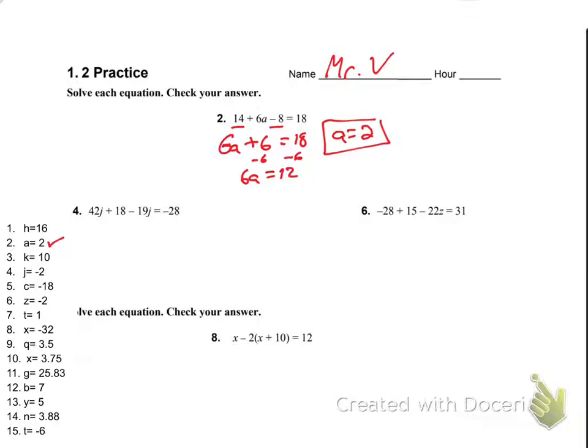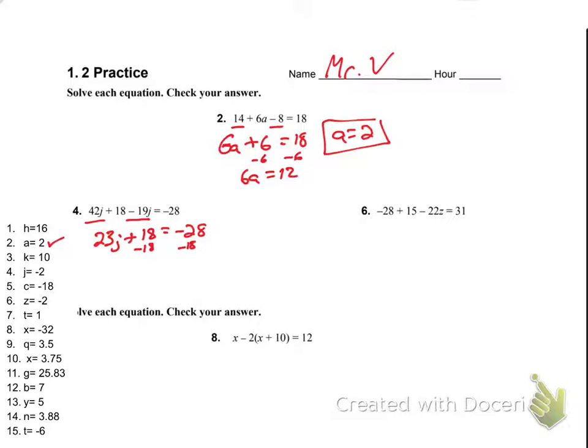All right, number 4, same thing. I'm going to combine negative 19j plus 42. So 42 minus 19 is 23. So I'll have 23j plus 18 is equal to negative 28. I'll minus 18 on each side.